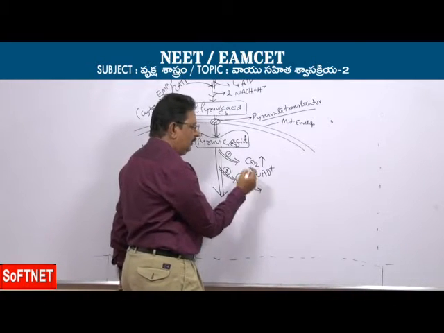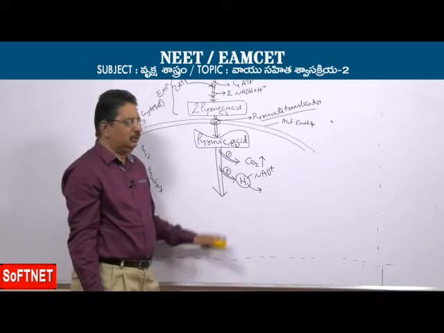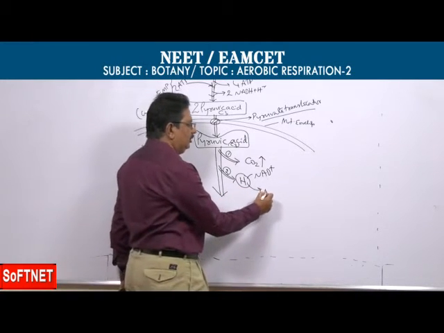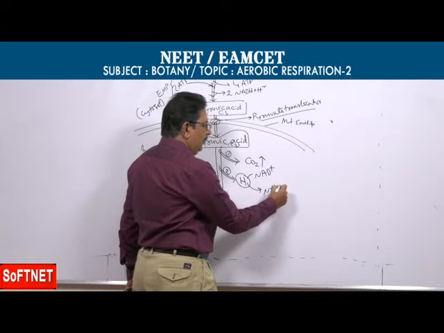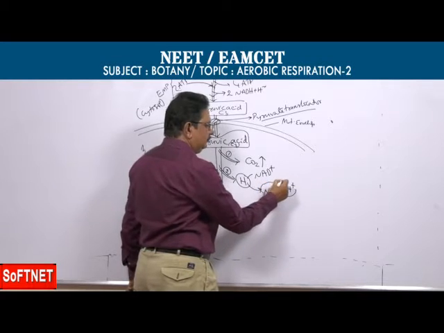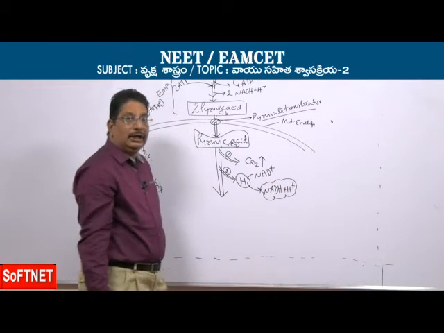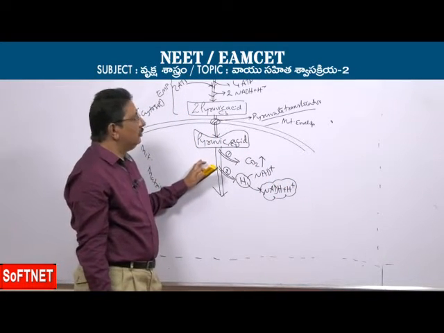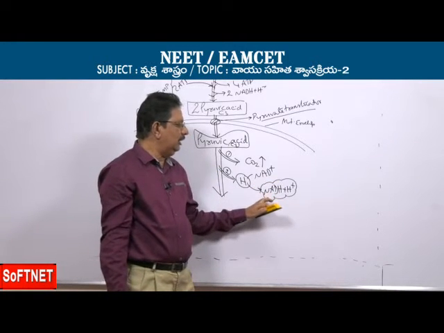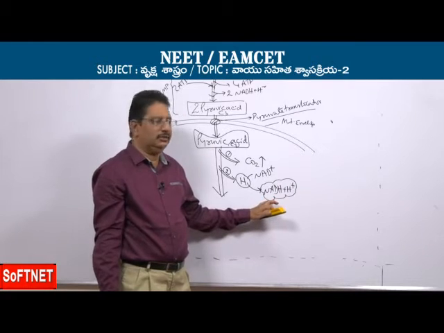As a result of accepting hydrogens in terms of protons and electrons, NAD is reduced into NADH plus H plus. So the energetic electrons of glucose are trapped once again in NADH plus H plus.